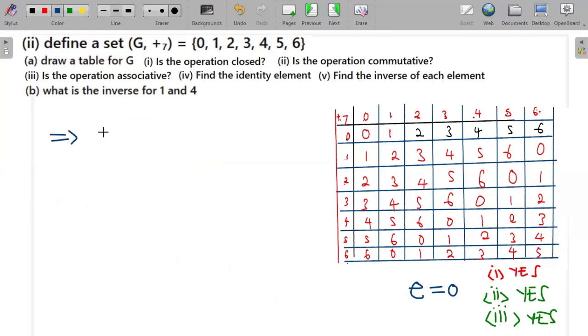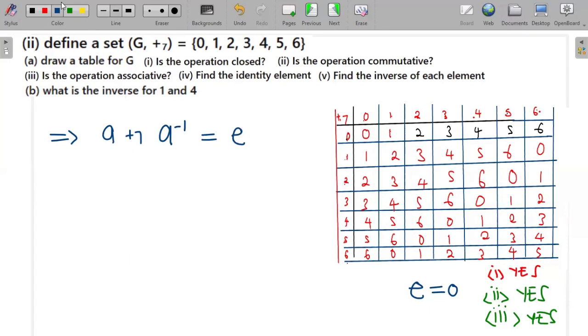If my element is A, and I do modulo 7 with its inverse, which is the same thing raised to the power -1, so the inverse of A is A to the power -1, then the answer, once I do A modulo 7 with its inverse, should always be equal to the identity element.